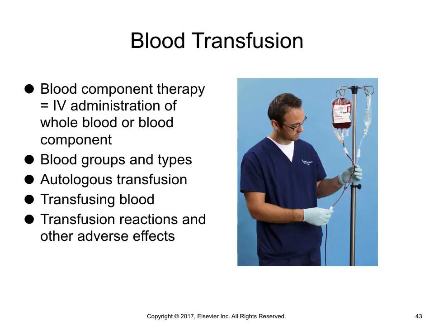4. Immediately notify the healthcare provider or emergency response team. 5. Remain with the patient, observing signs and symptoms and monitoring vital signs as often as every 5 minutes. 6. Prepare to administer emergency drugs such as antihistamines, vasopressors, fluids, and corticosteroids per healthcare provider order or protocol. 7.